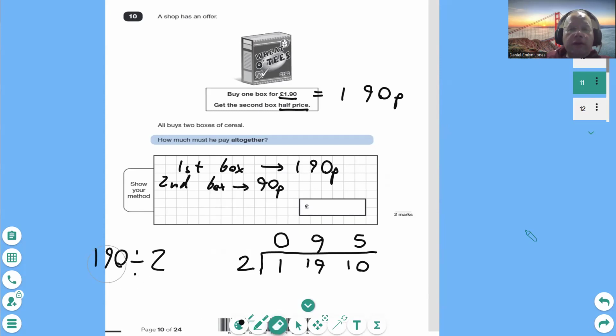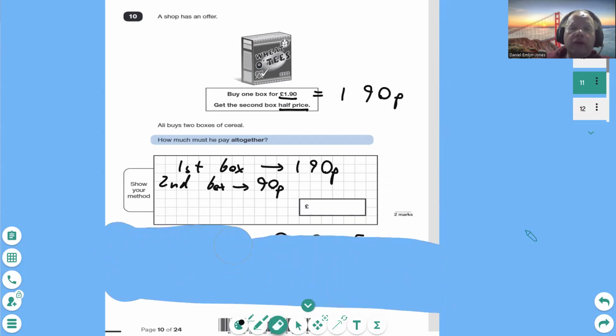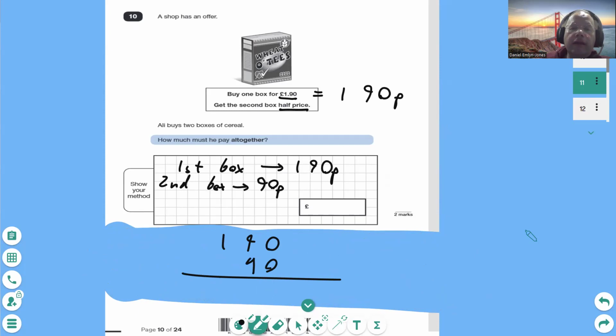So then you might do it in your head, I don't know. But if not, you can do a bit of arithmetic. 190 plus 90 is 0. 9 plus 9 is 18. 8 carry the 1. £2.80. 280 pence.